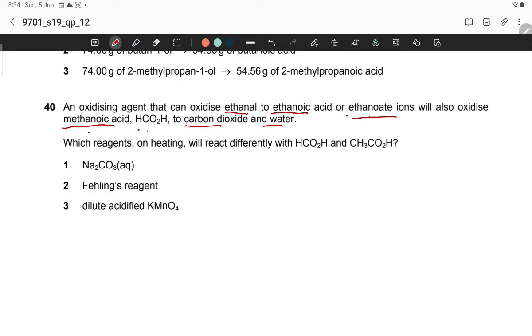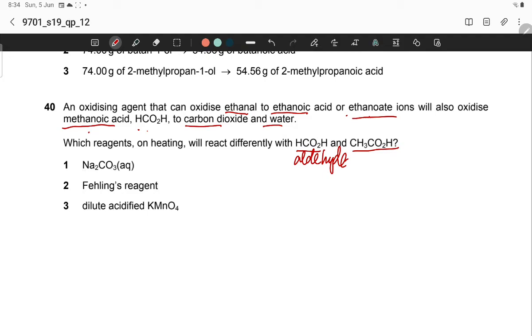Which reagent on heating will react differently with HCO2H and CH3CO2H? Let's consider this is aldehyde. First reagent will react differently.